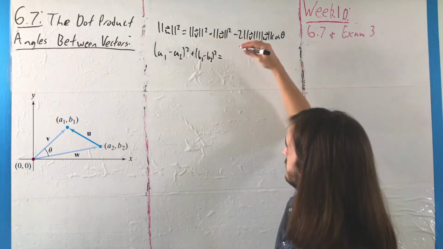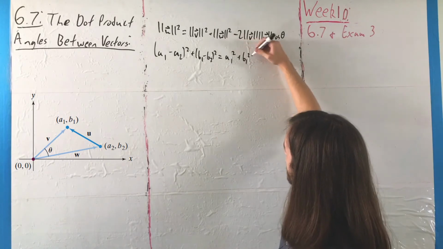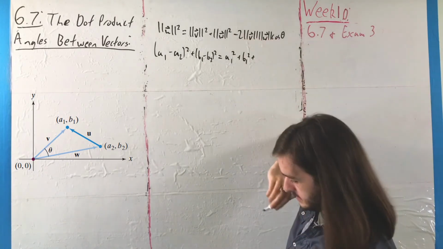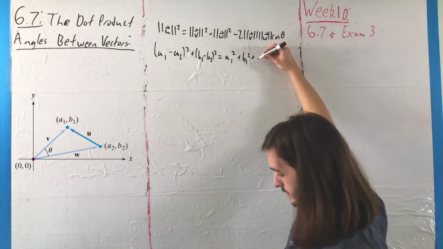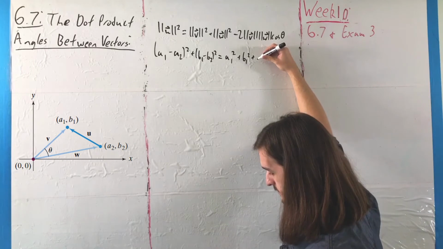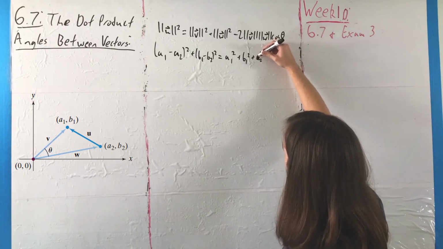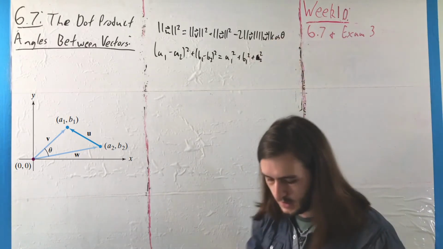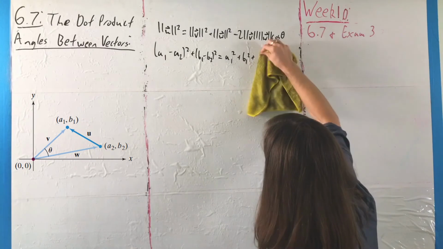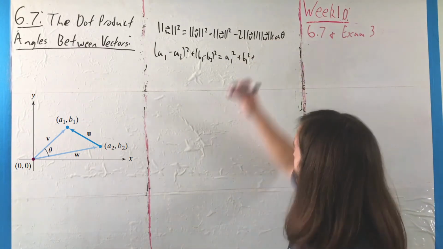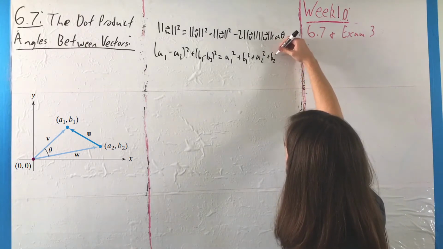That is, for the magnitude of v, we'll have a1 squared plus b1 squared, while the magnitude of w will have form a2 squared plus b2 squared.